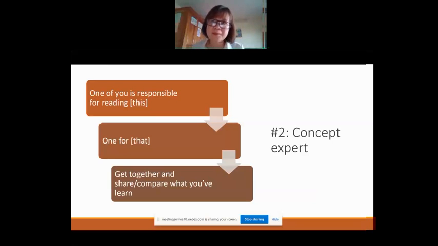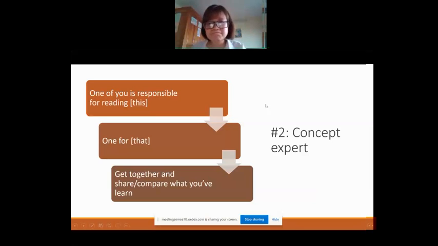After some minutes, they get together and share or compare what they've learned. By reading the concept and then explaining it to others, students are able to understand the idea deeper, enhancing their understanding of the concept.